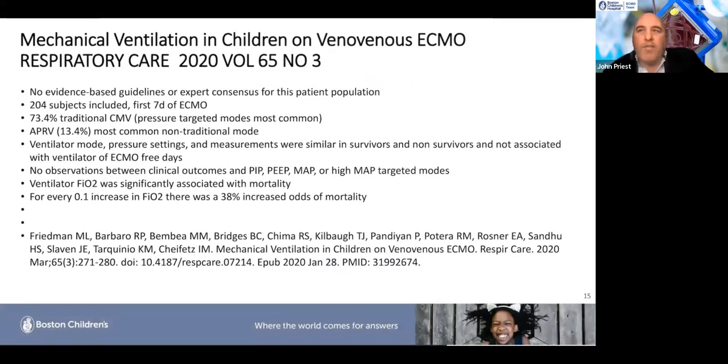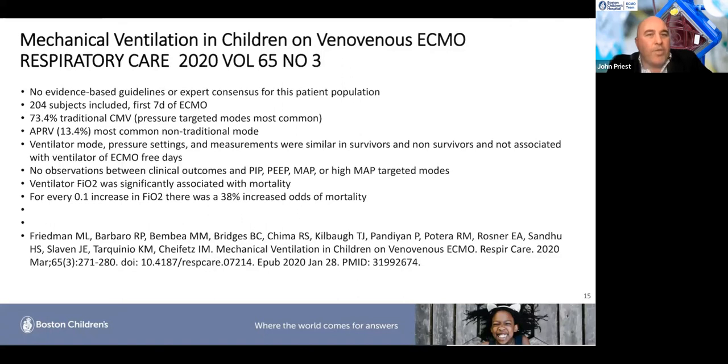So this article, Mechanical Ventilation in Children on VV ECMO and Respiratory Care, back in 2020. They do mention no evidence-based guidelines or expert consensus for this patient population. A little over 200 subjects were included, looking at the first 7 days of ECMO. A majority of these patients were using a pressure targeted mode, which is common in pediatrics.